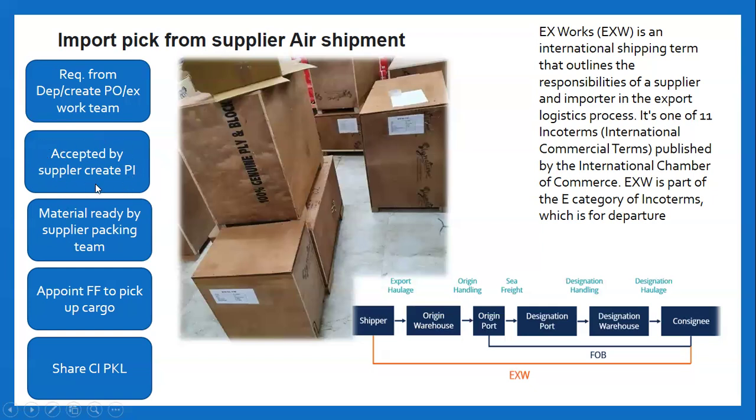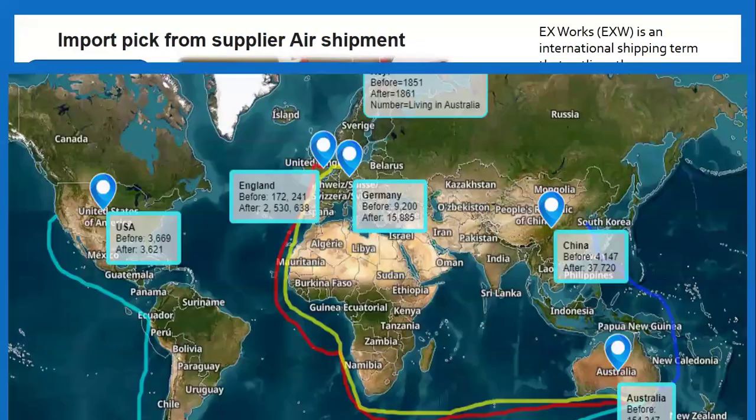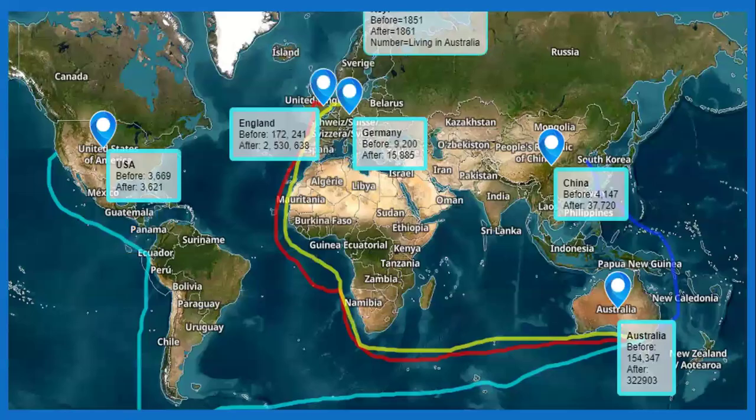So we need to complete all negotiations regarding the import before the goods dispatch from the supplier country. In this step we have tried to understand how we can arrange the freight forwarders from overseas to India.